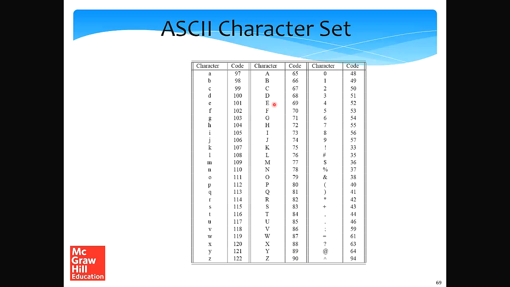Then we have our numbers from 0 to 9, where the codes are assigned from 48 to 57. And there are different codes for different kinds of special characters and punctuation marks that we use, like exclamation, hash, dollar, brackets, comma, semicolon, and so on.